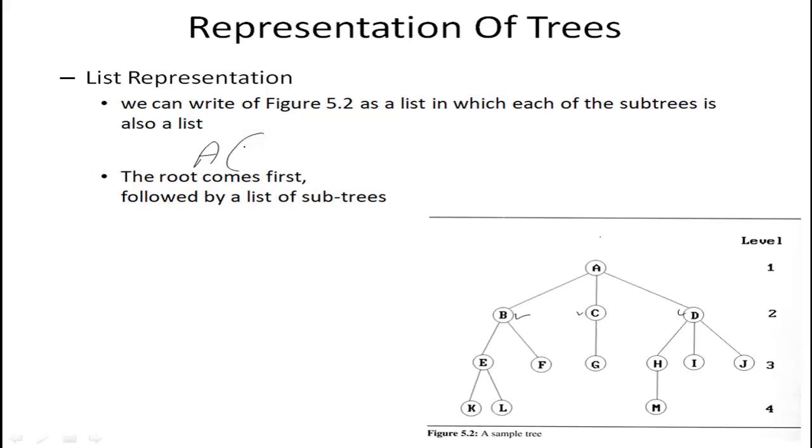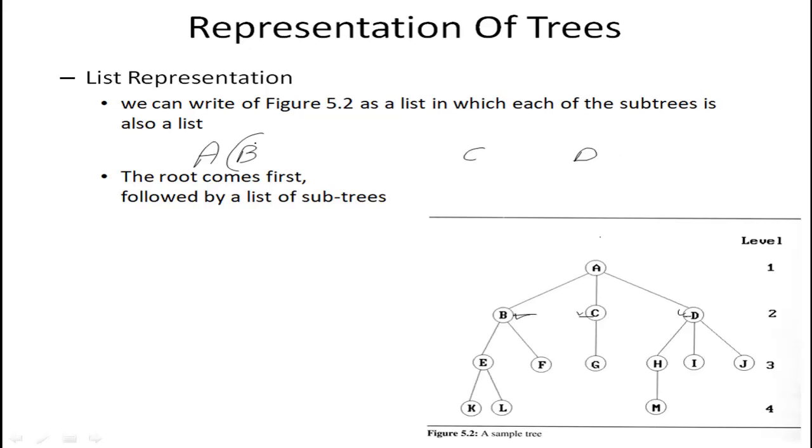It has three children. B is the first child, then C is the next child, and then D is the third child. So B, C, and D are the three children of A. That is what I have written over here.